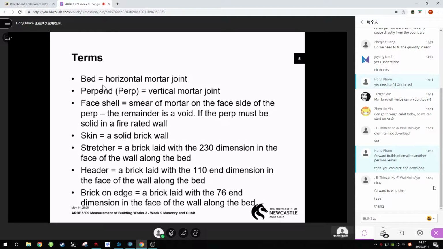If they say 230 mm thick solid walls in stretcher bond, you know that it's a 230 mm thick brick wall, so it's a 2 brick wall, in stretcher bond and laid in cement, sand, and lime 141, for example.